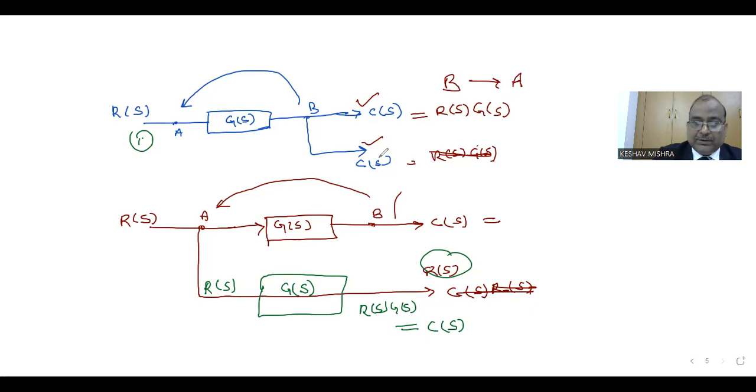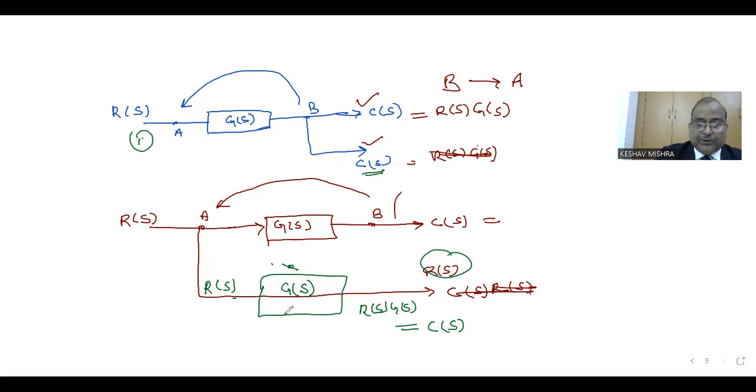If the output doesn't change, then it is possible to move the takeoff point from B to A. Now we have shifted B to A. So in this case, the output is Cs. If we don't include this block, then the output is Rs, which is a violation of the earlier case.